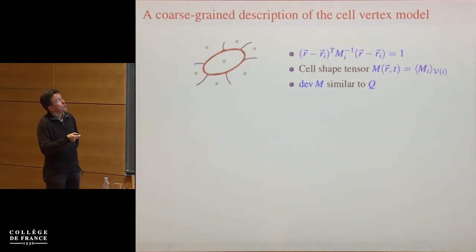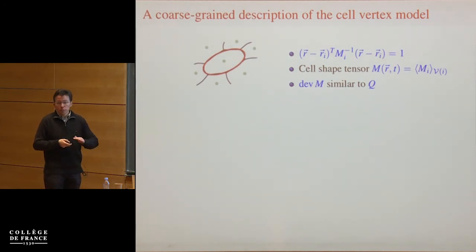This polynomial can be rewritten as some matrix times the distance between a point on the ellipse and the center of the ellipse equal to 1. So this form of the equation of the ellipse allows to describe a cell scale, a microscopic cell-shaped tensor, which I call Mi, where i is the index for each cell.